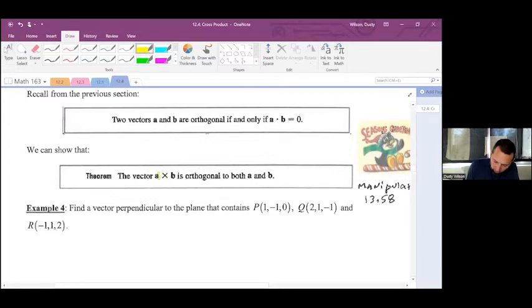The cross product gives us a way of finding a vector orthogonal to A and B. A tool for creating a perpendicular vector.